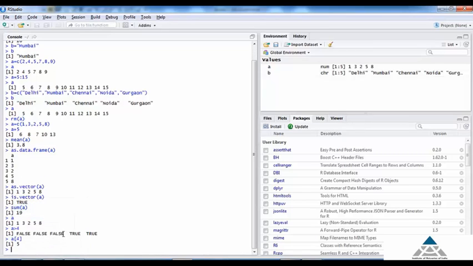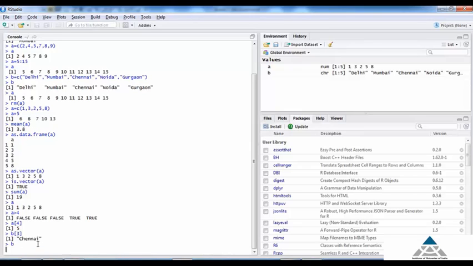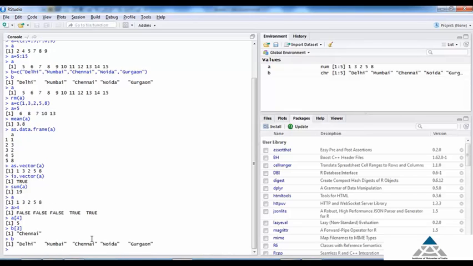The above statement we wrote basically tells R to let us know the value of the fourth element in A. We can check up here that the fourth element indeed is 5. Say we want the third element in B, so we write this and get the result as Chennai. By executing B, we can see the elements present there and the third element here is Chennai.